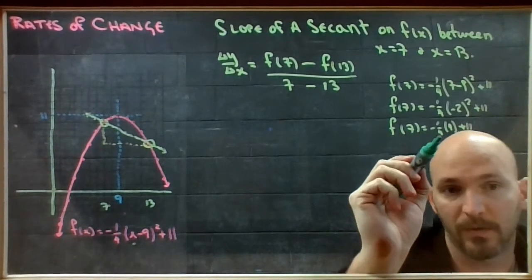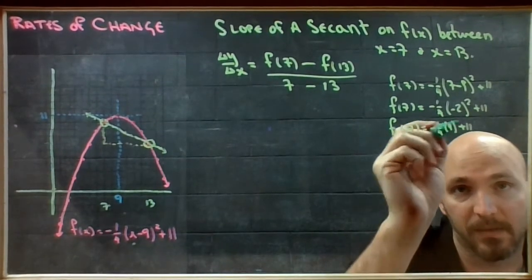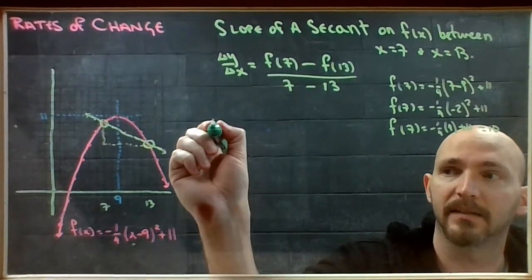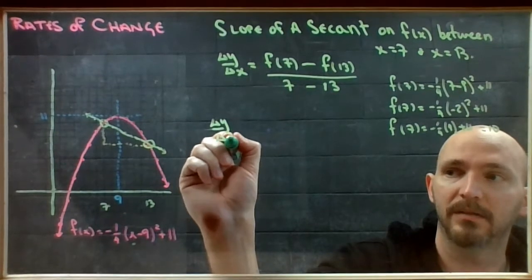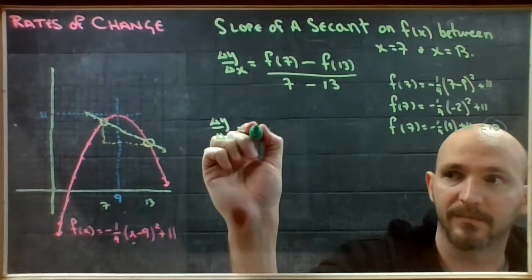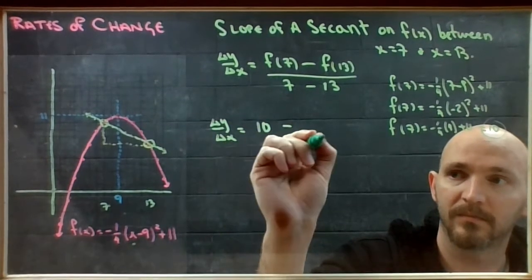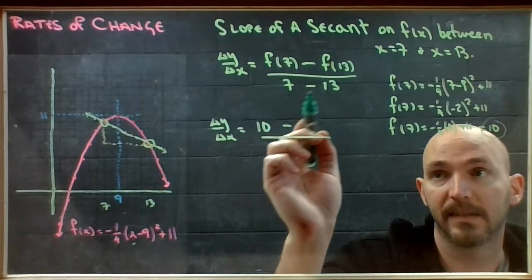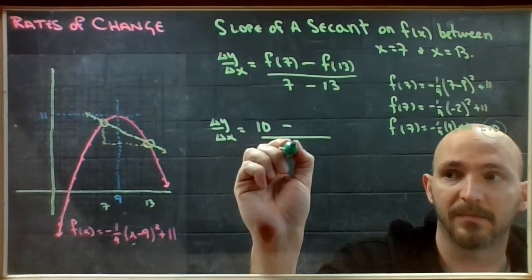And -1/4 of 4 would be -1. -1 plus 11 would be 10. So when I work this out, f at 7 is 10. Now I still need to evaluate the horizontal gap. 7 minus 13 is -4.